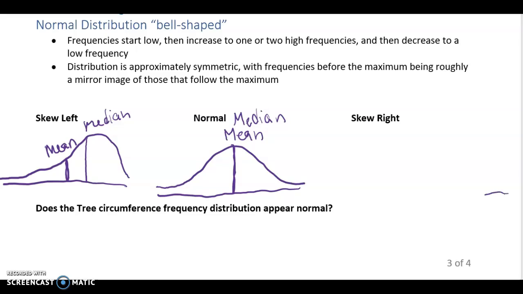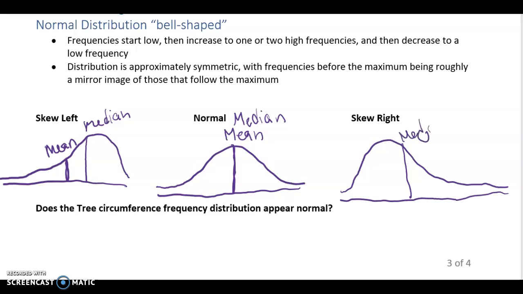Now, we can also have data that skews to the right, meaning most of the data would be down here, but then there's a few data values that are a little bit higher than the rest. So in this case, if our median, or middle value when we line up our data in order, is right here, the mean would be higher. And the mean would be higher if you think about it.